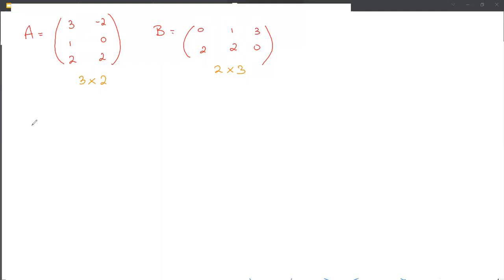So let's say they ask you to find AB. AB means A times B. So matrix A multiplied by matrix B. So you check the size of each matrix. Once your 2 inner values are the same, you can multiply.